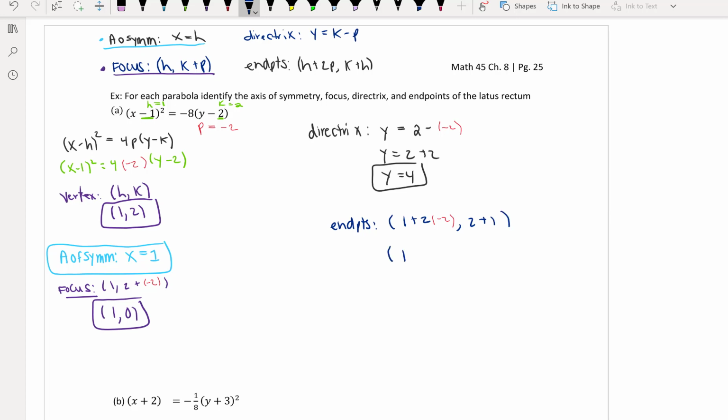So I'm going to have 1 plus negative 4, which is actually just going to give me a negative 3, comma 3 for my endpoints.